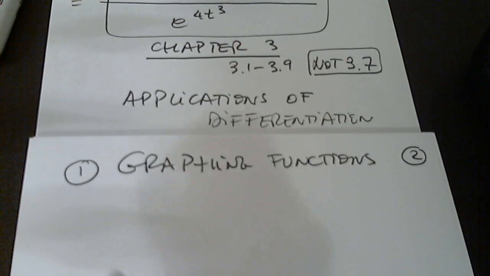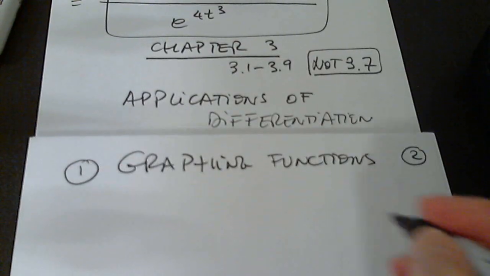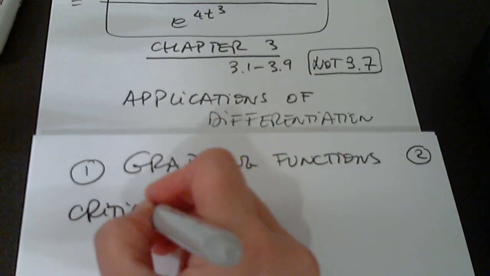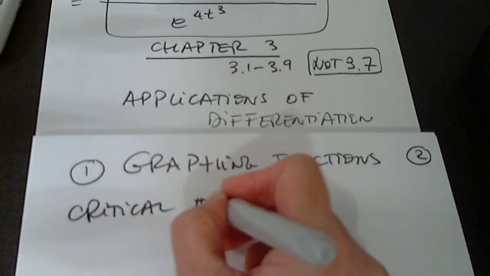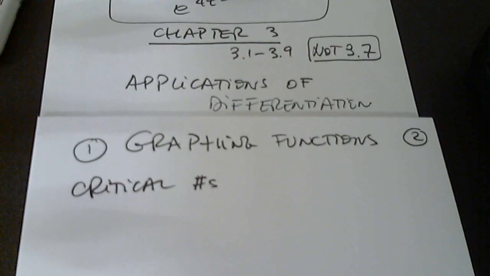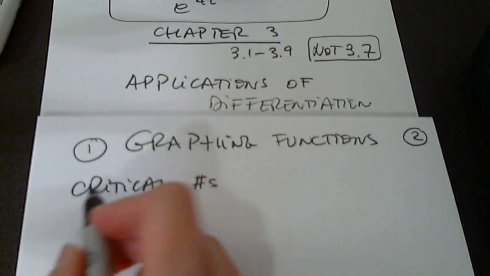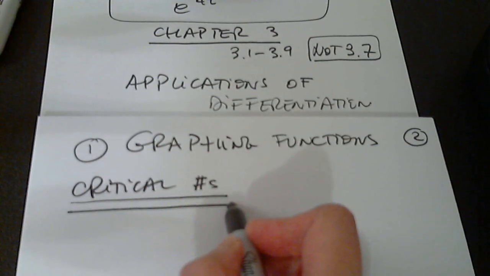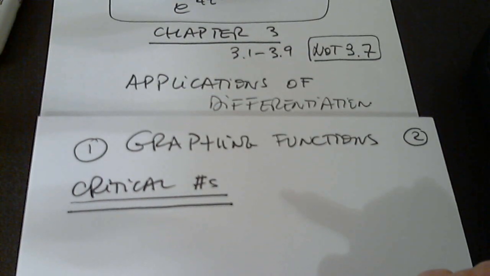The first thing we're going to talk about is something called critical number or numbers. What is a critical number? It can be called a critical value and so on and so forth. It doesn't matter. But critical numbers, first of all, they come from two sources.